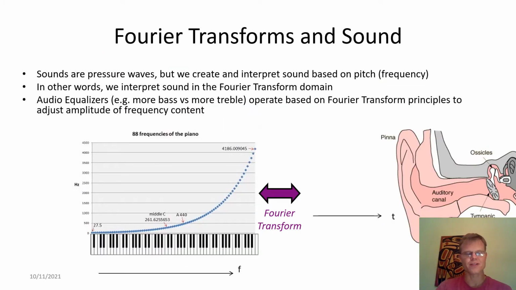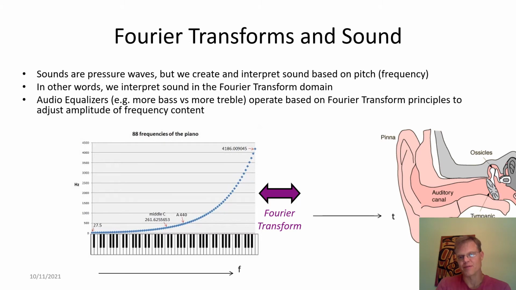As a brief aside here, one place you see a lot of Fourier transforms is in sound. Sound is pressure waves, but we really interpret and create sound based on the pitch, which is our frequency. So we're basically interpreting sound in some sort of Fourier transform domain, listening to a high pitch, low pitch.